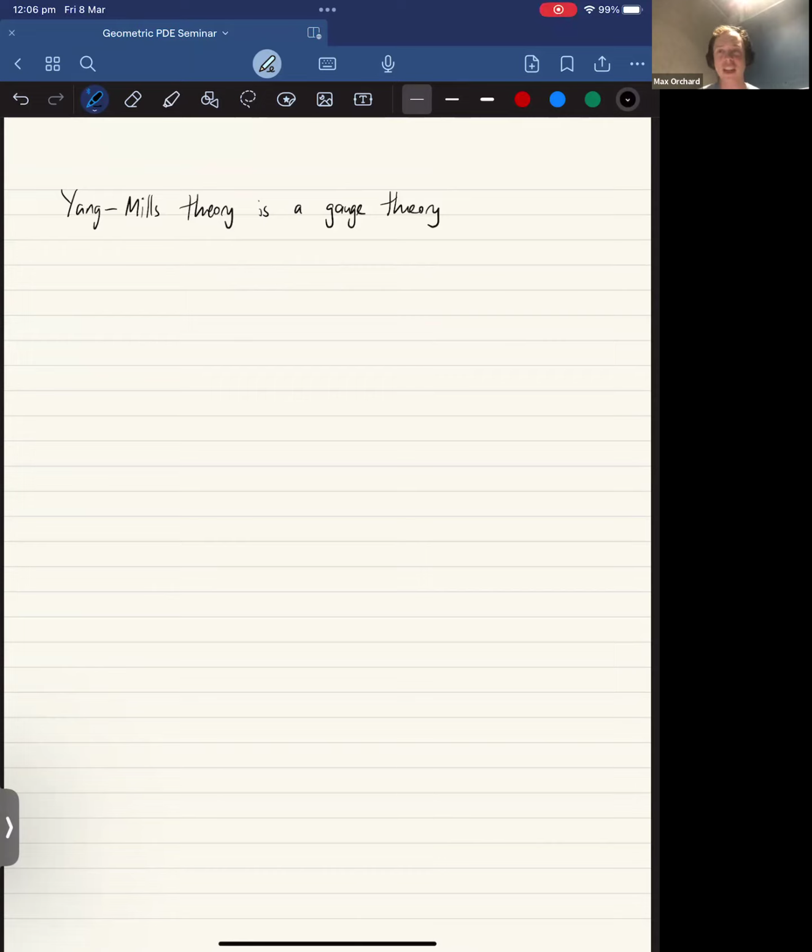Now, a field theory, I'll get onto what that means a bit later, but a gauge theory is a field theory in which the Lagrangian of the system, which is something that encodes all of the dynamics of the system, is invariant under some sort of transformation of the system.